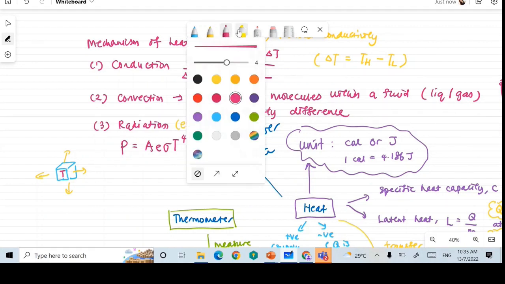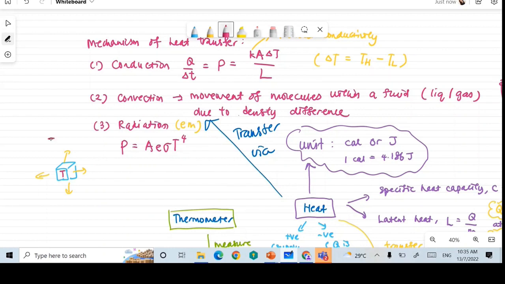At the same time, you place the object in a surrounding at temperature T naught. This surrounding, which has a temperature of T naught, will also radiate energy towards the object. Therefore, we can find the net radiation, which is A e sigma times T to the power of 4 minus T naught to the power of 4.